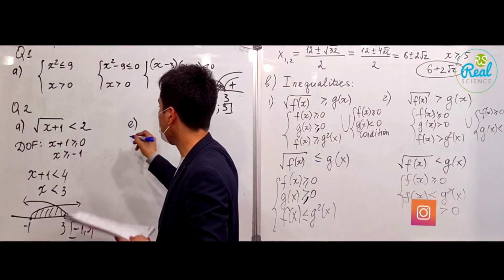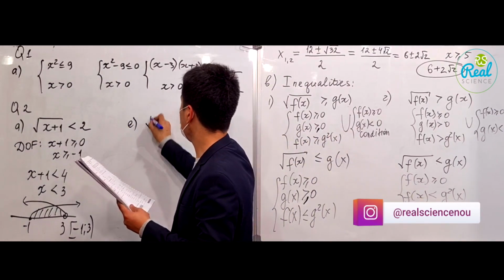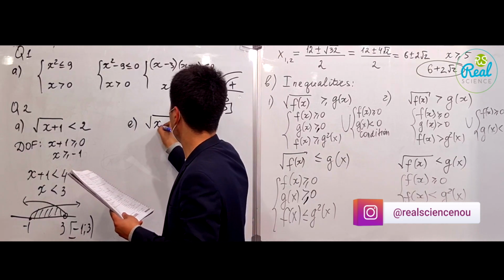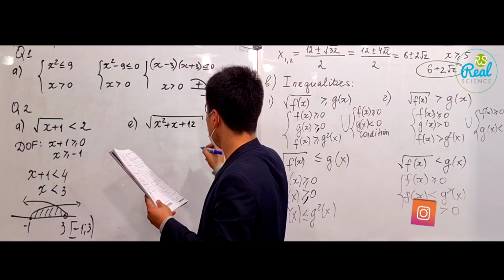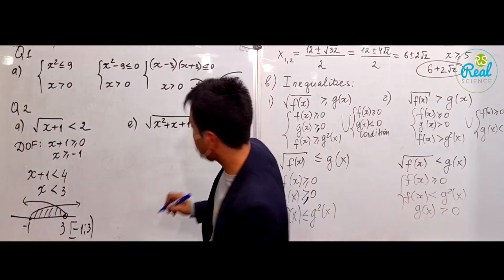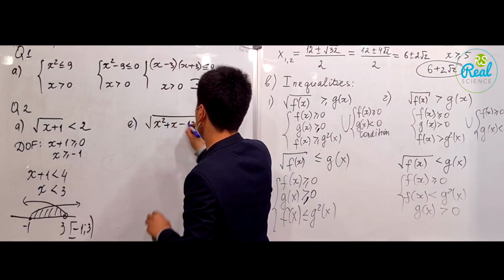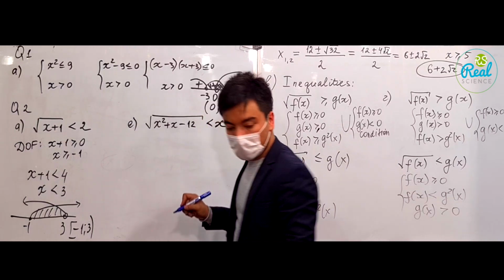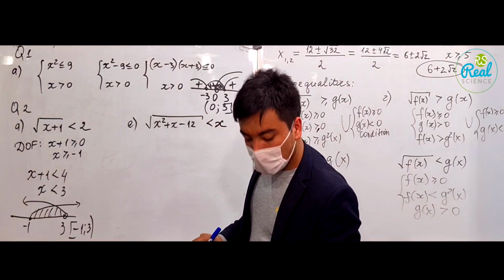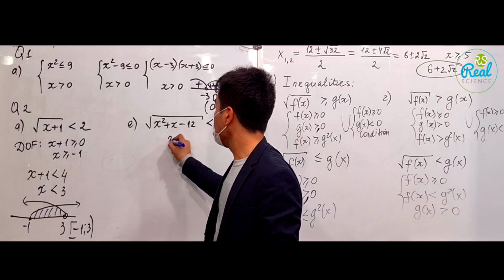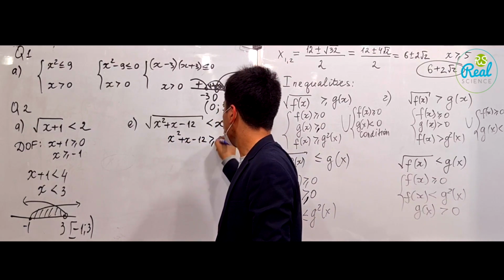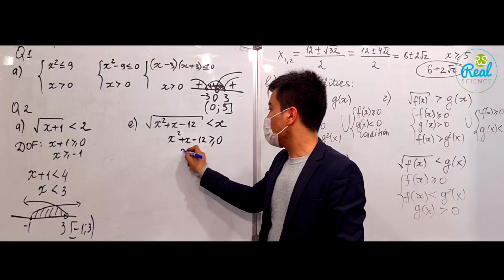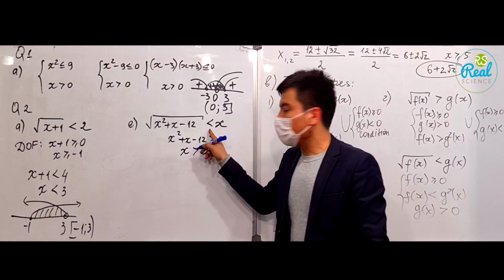Question number 2, E1. x squared plus x plus 12, minus 12, yeah? Minus 12, and less than x. First of all, students, we have to check the inside, yeah? And this side also must be positive, but there is no dash.